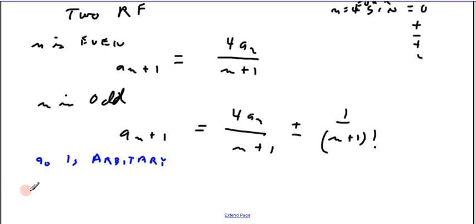At n is equal to 0, we're going to have A1. And A1, is n equals 0 even or odd? Yes, that's a good question. Well, in this case it's even, and I'm going to have 4A0.